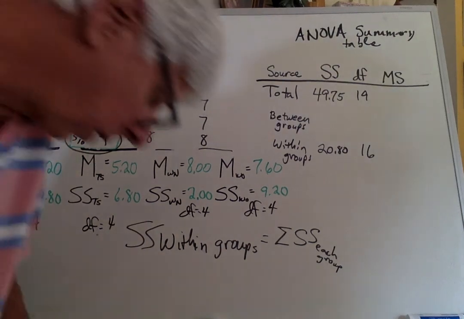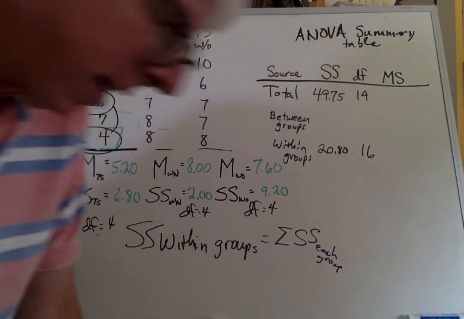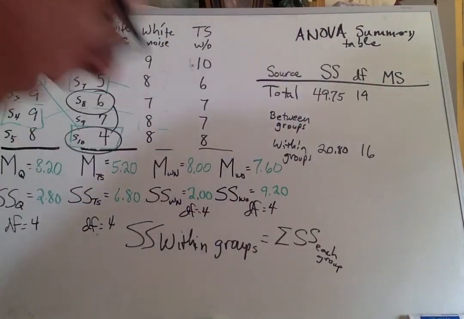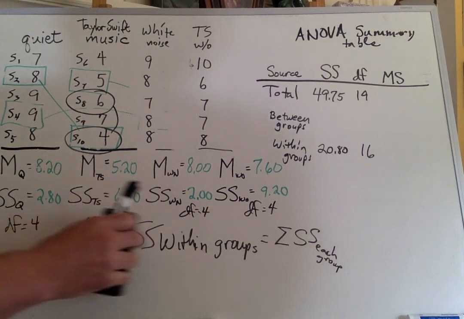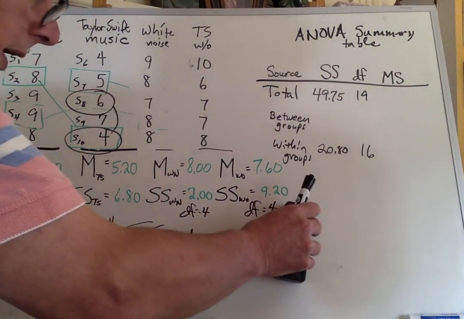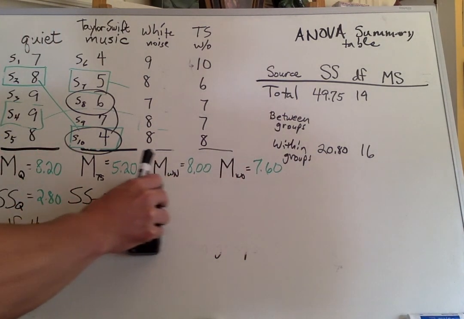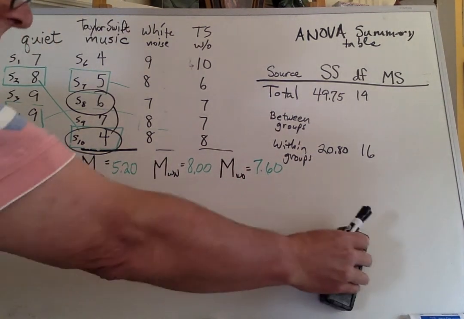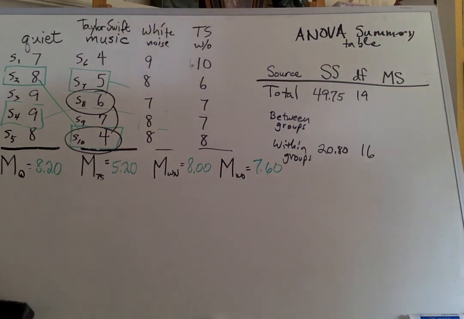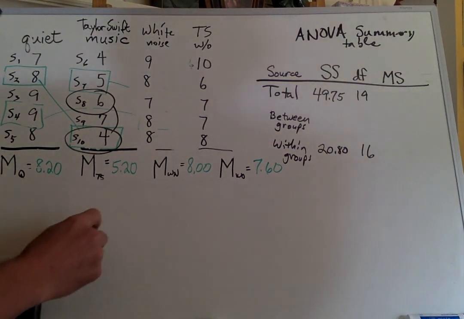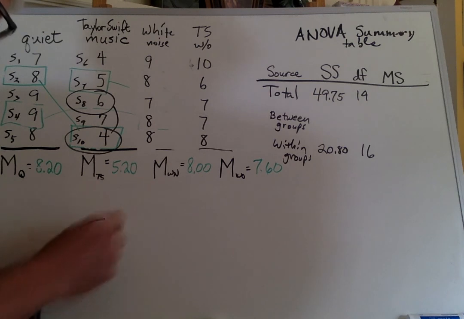The next computation is a little bit challenging, something new for us. I'm going to do this as well. And this is a formula you don't have to memorize because you'll have it.